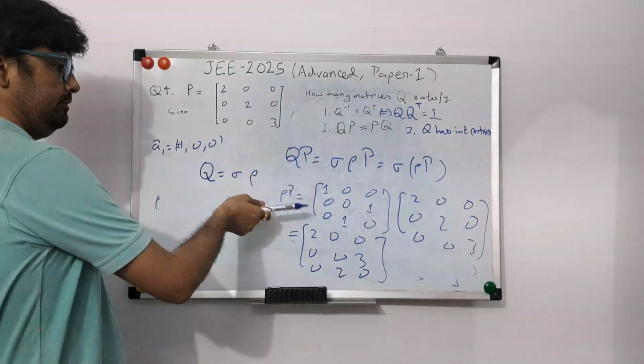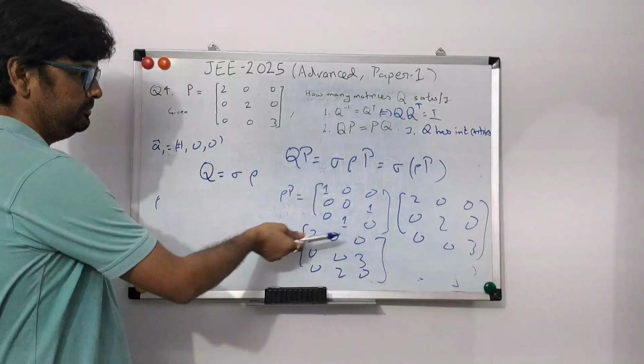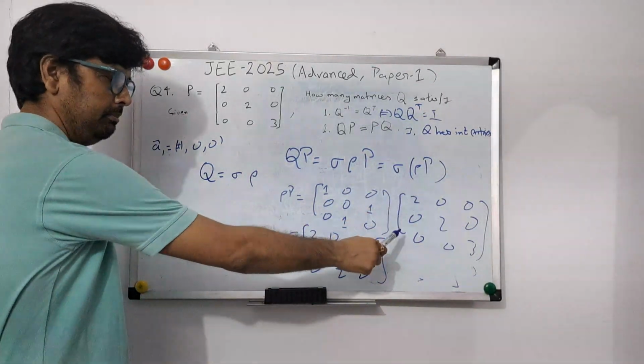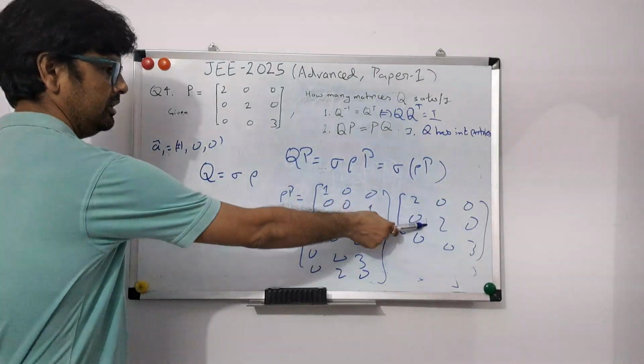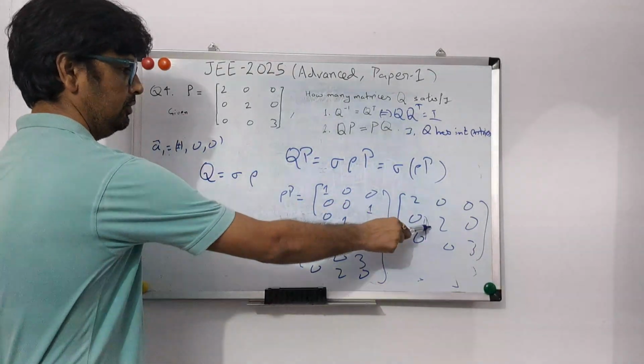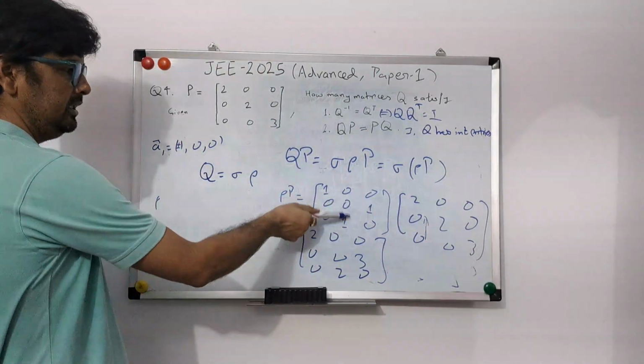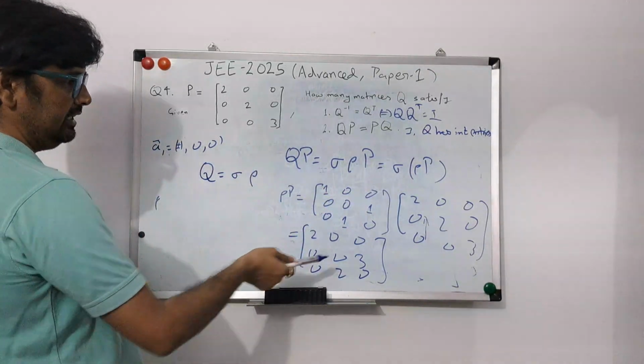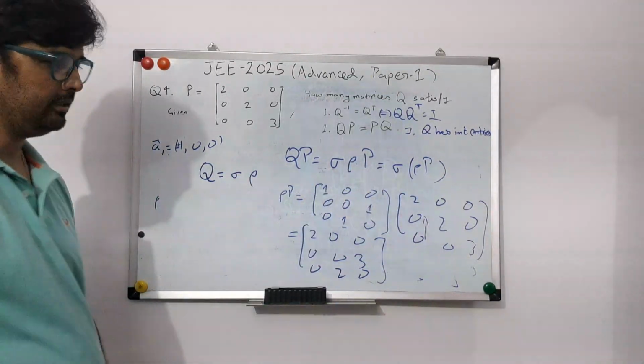Here the effect of multiplication of rho on P is simply to permute these 2 rows. So if rho is obtained by permuting these 2 rows, its multiplication with P will have the effect of permuting these 2 rows.